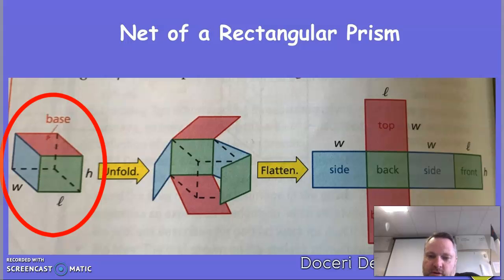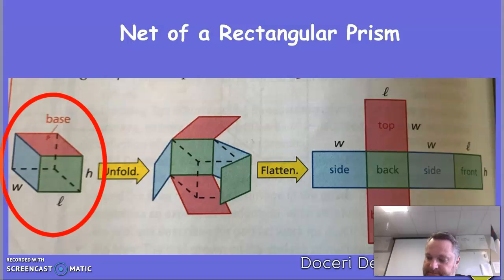Once you have your cross, you can label it side, back, top, front, and side. Then you find the area of each one of those faces, and add all of those up together. So let me show you what that looks like. Basically, this is how you start anytime they're asking you to find the area of a rectangular prism.